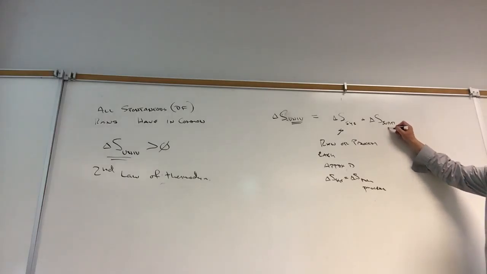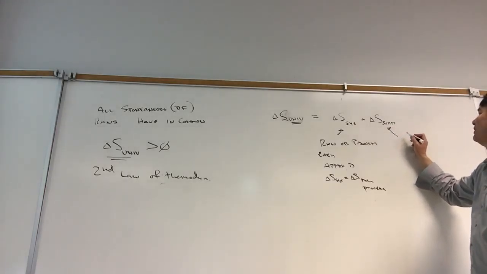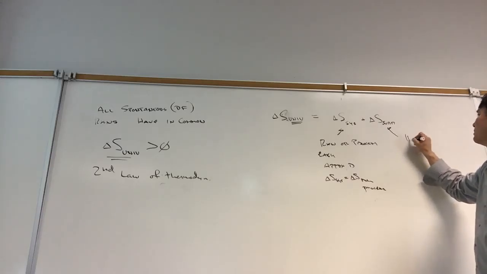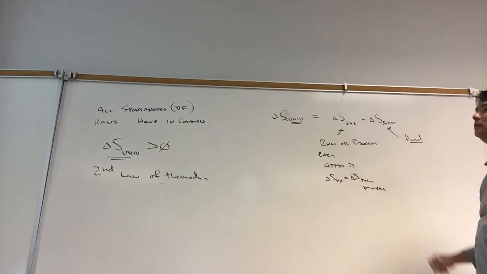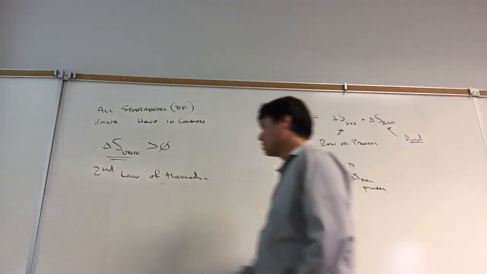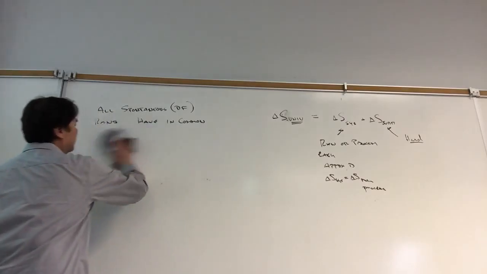The surroundings are hard, though, because the surroundings would be the rest of the universe. And so we have the same problem. It's hard because it's a lot of calculations. But there are thermodynamic relationships that we can take advantage of.